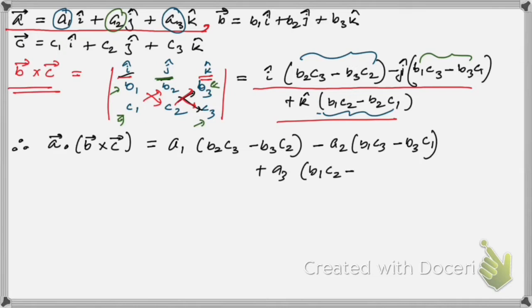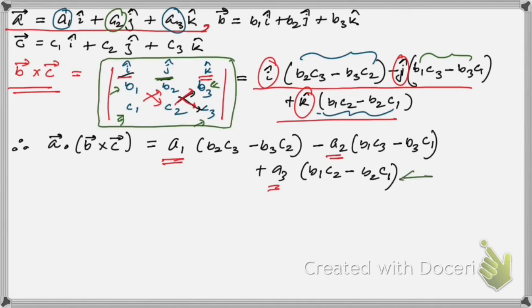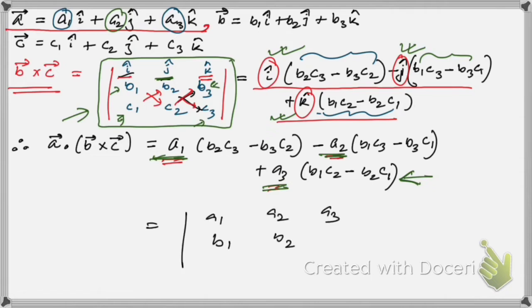If you compare a1, a2, a3 with i cap, j cap and k cap, this expression can be written in the form of a determinant. So this is the result.